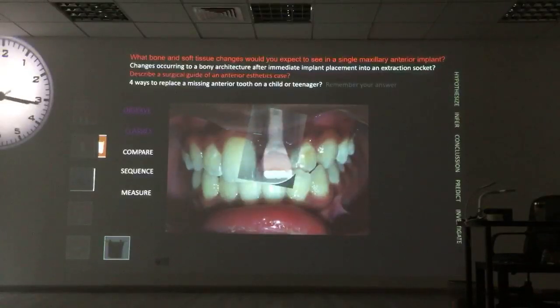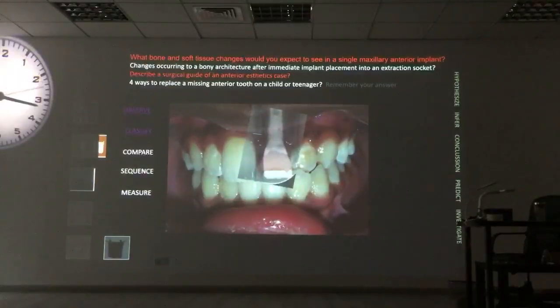Okay, a 3-unit bridge. Bonding, that's a Maryland. Fiber, yeah, using a fiber mesh. It is a variation of a Maryland. Using an ortho wire labially, orthodontic wire with brackets.